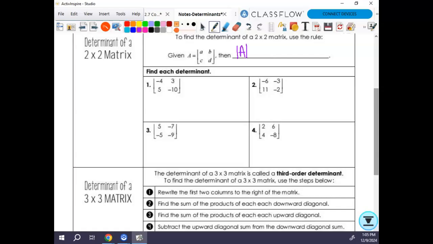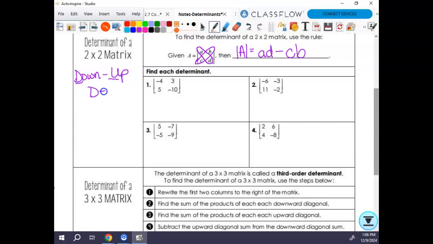Starting with the top left A, I make a diagonal down and have A times D. Then I subtract, and go from the bottom left up, C times B. That gives me a single number, the determinant. So when we do these diagonals, we do down minus up.